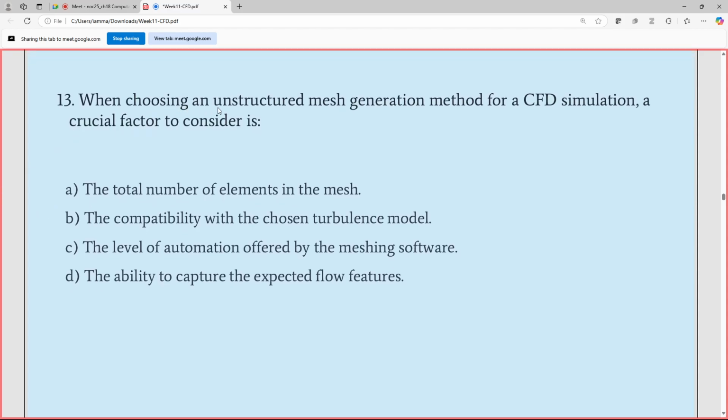When choosing an unstructured mesh generation method for CFD simulation, a crucial factor to consider is which among the following. Options are: the total number of elements in the mesh. Option B, the compatibility with the chosen turbulence model. Option C, the level of automation offered by the meshing software. Option D, the ability to capture the expected flow features.